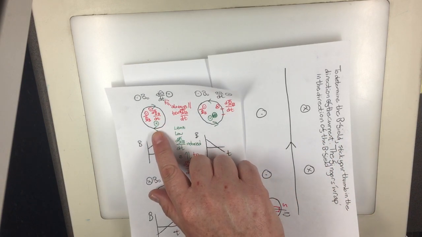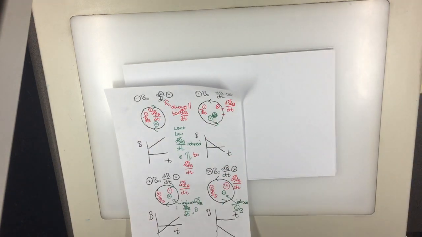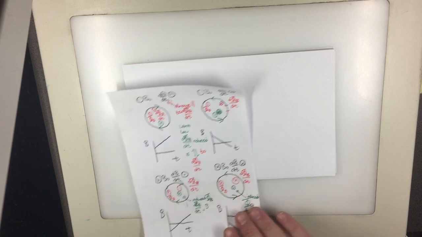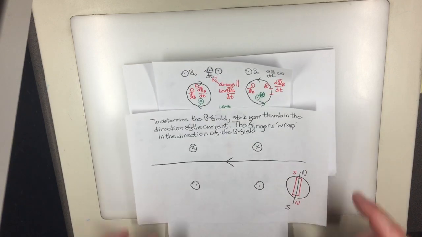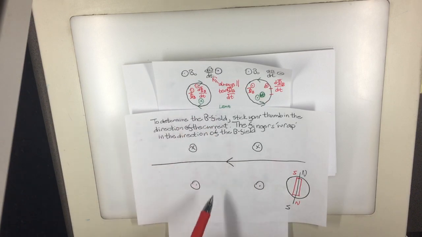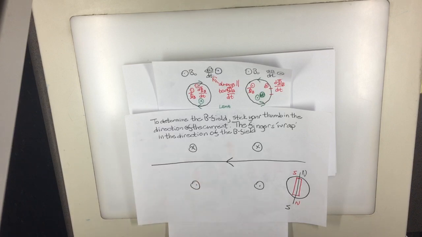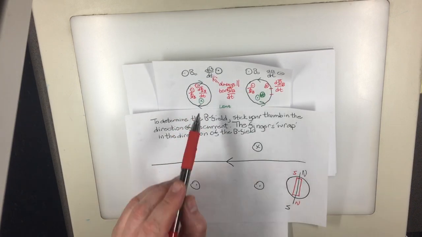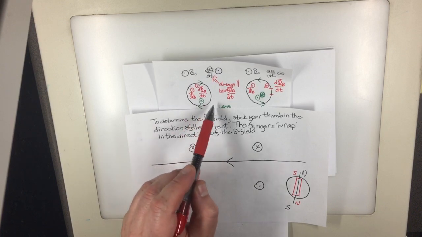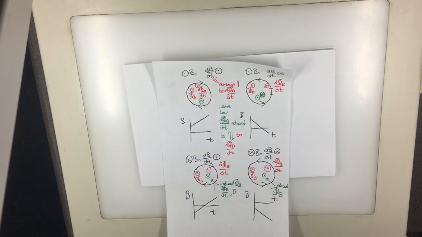For something like this, the current is on the bottom to the left. We could put the paper like this. This is parallel to that segment. The B field above the wire is in, the B field below the wire is out, much like we've set up here. This little section right here is blown up to be all of that.